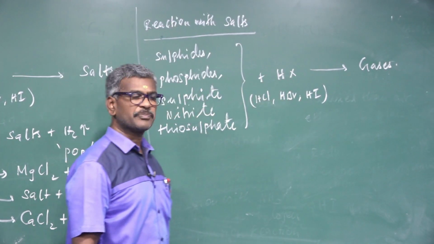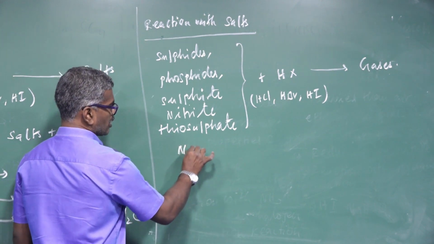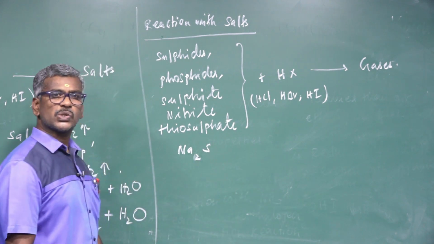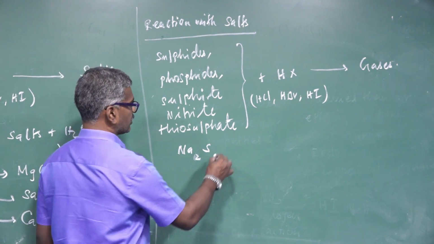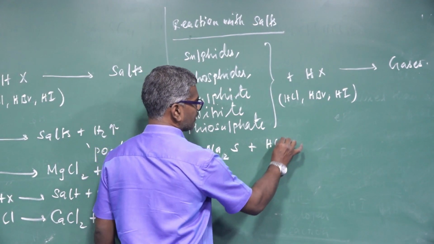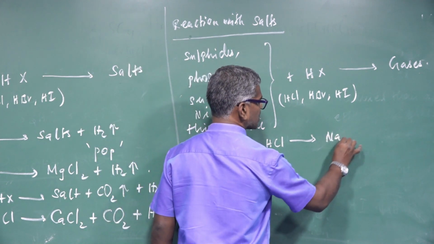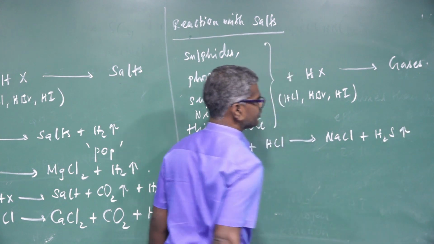First one is a sulfide, for example sodium sulfide. Sodium valency 1, sulfide valency 2, so cross multiplication. It reacts with HCl to form NaCl plus H2S as a gas.